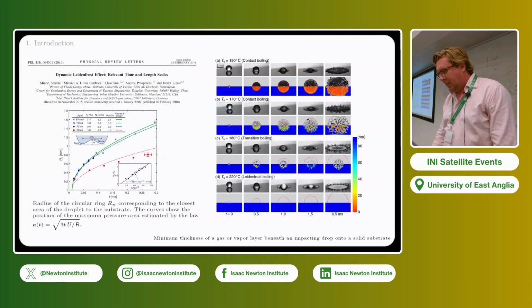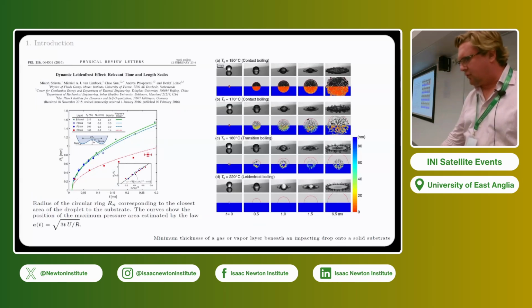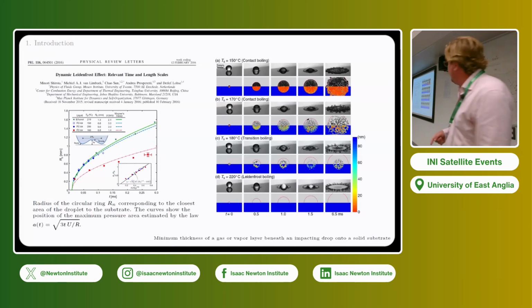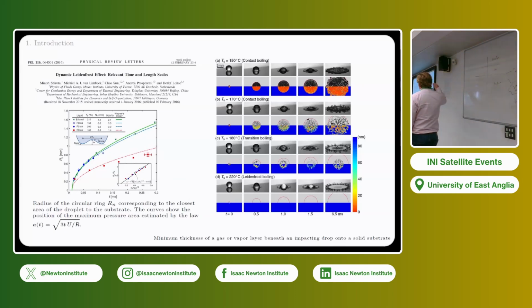After that, we have the results of Shirota and the group of Thoroddsen. They also performed experiments and observed different regimes beneath this drop. You have a different regime depending on the temperature. The last results were at ambient temperature, and now we have a heated substrate.